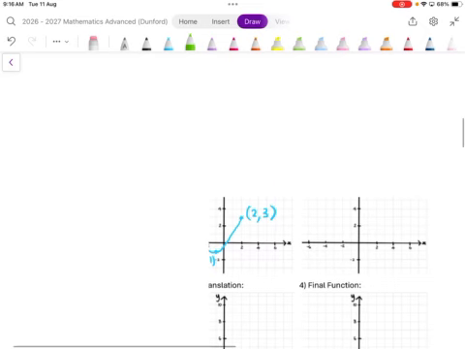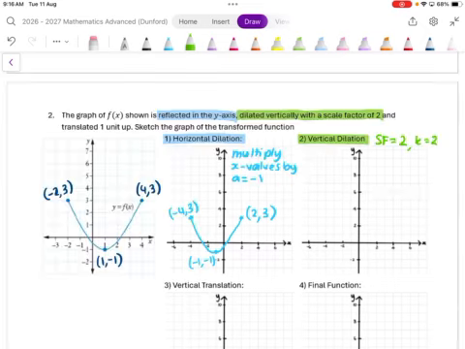So we multiply y values by k equals 2. We're talking about our y values on our horizontal dilation curve, because we're going to attack each curve as we go.